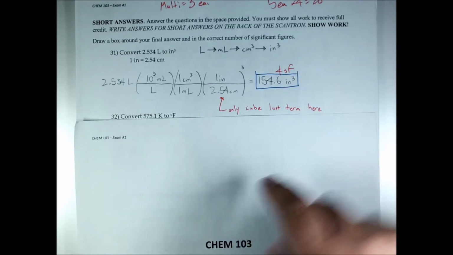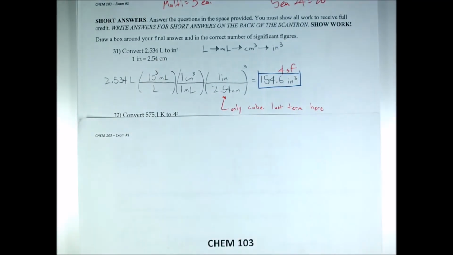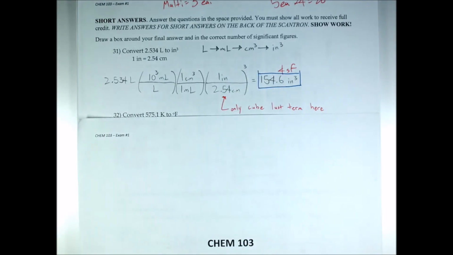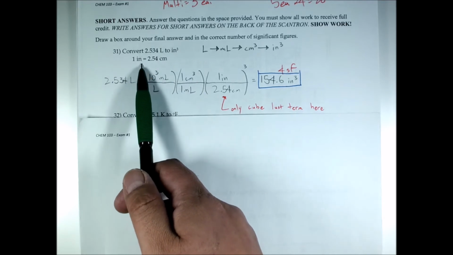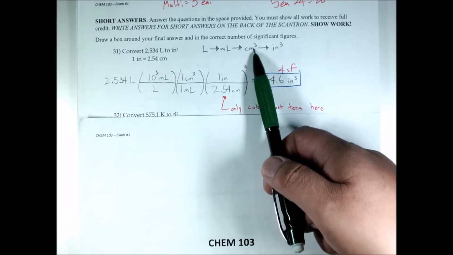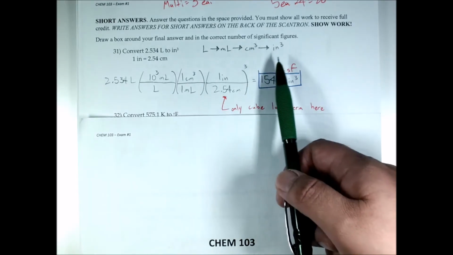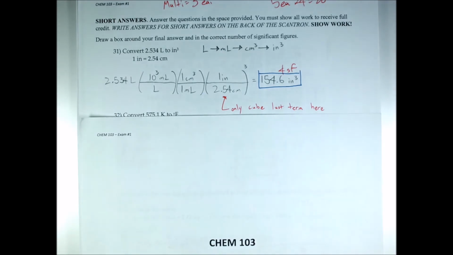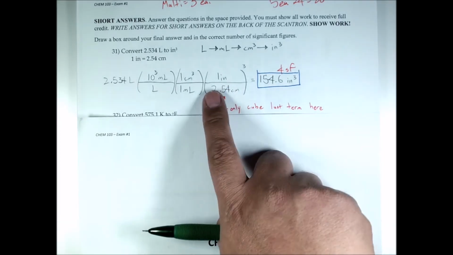So here we had to convert from liters to inches cubed, and here was the path I decided to take, and I chose that because of the common units here of inches and centimeter. However, when we go from centimeter cubed to inches cubed, we have a cube term there, so we have to cube this. I noticed a lot of people were actually writing that out, but when they actually calculated it, they ended up putting a different number here.